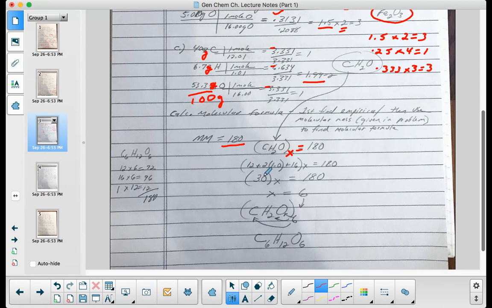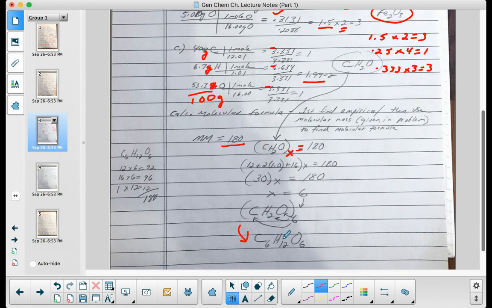I add those values up, they equal 30. So 30 times X equals 180. I solve for X, X is equal to 6. Now I know that that's the multiplier that I'm going to use to convert my empirical formula, CH2O, to the molecular formula. So I distribute that 6 throughout.